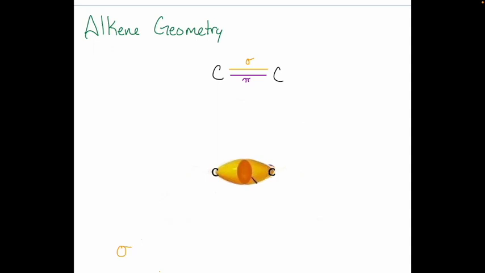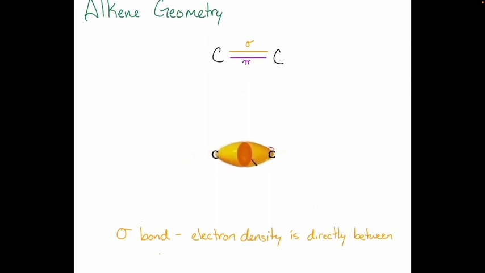So again, a sigma bond means that that electron density is directly between the two bonded atoms. All right, so again, kind of exactly what you would expect here.